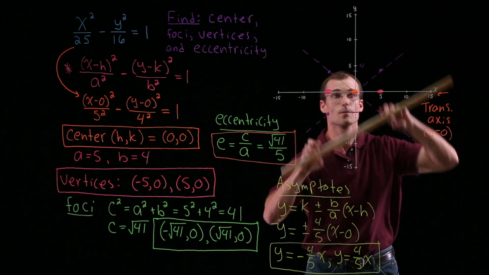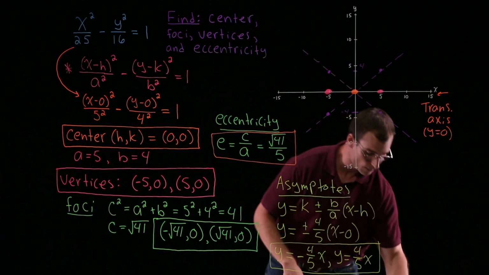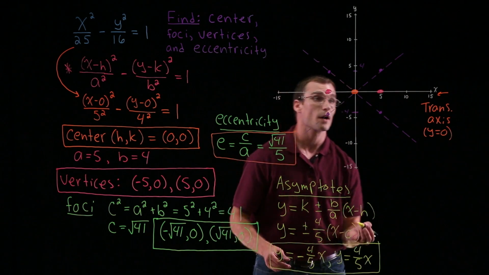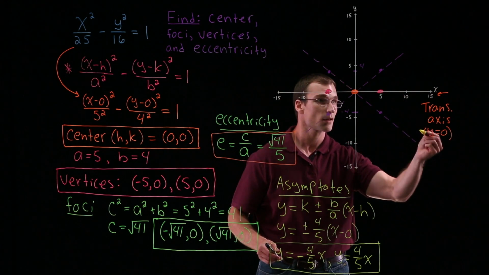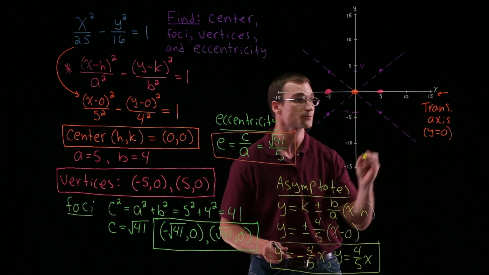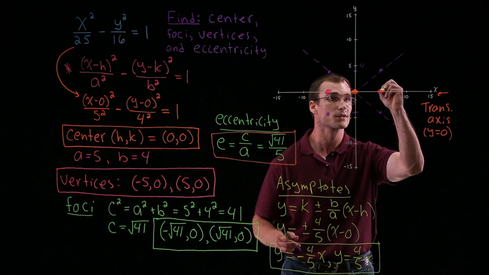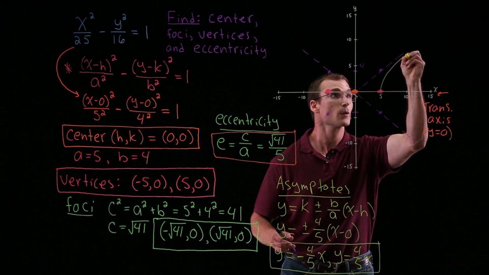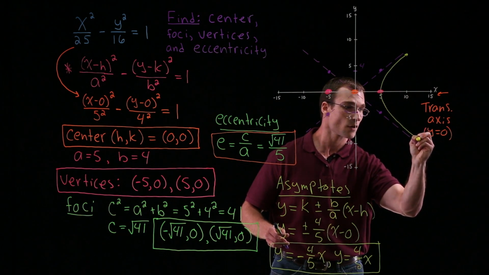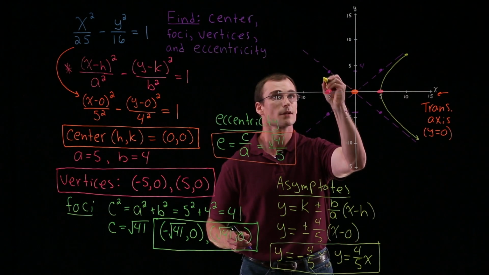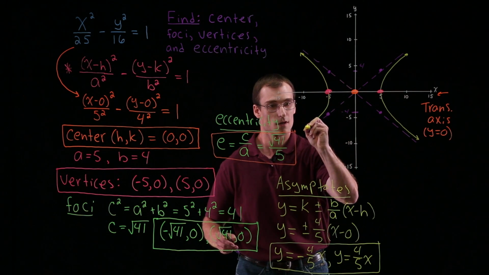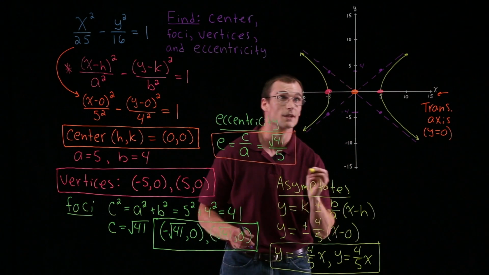Now to finish it up, we sketch in our hyperbola. It's going to exist between these two asymptotes. Here's our transverse axis going through our vertices. Coming from our vertex, going out and following along our asymptotes, and the other side through the other vertex, following along the asymptotes. And there we go, a hyperbola looking something like that.